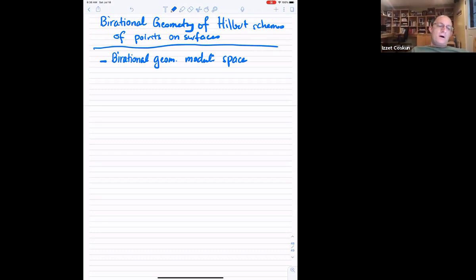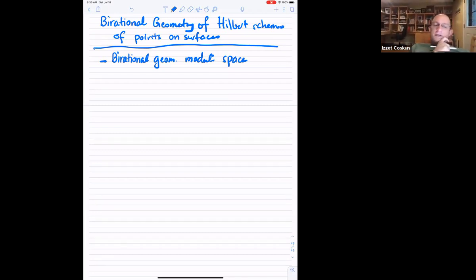I'm not trying to motivate why you might want to study it, but sometimes one compactification can be more useful for studying problems. If you're trying to figure out the topology of the moduli space, say to compute the Betti numbers, or to solve some enumerative problems, having different birational models can be very useful, depending on your problem.